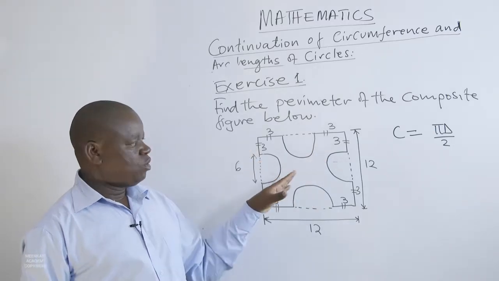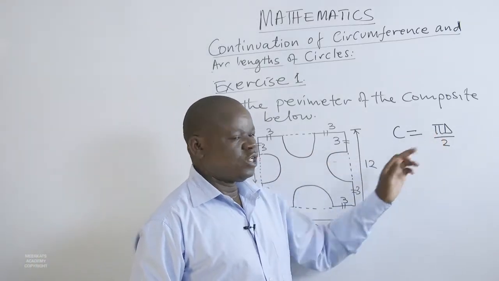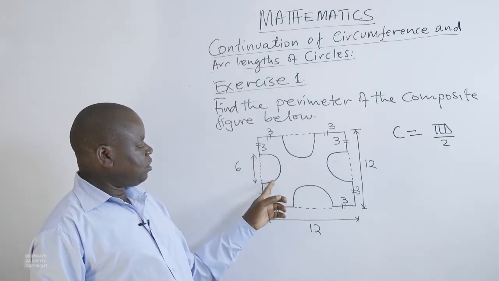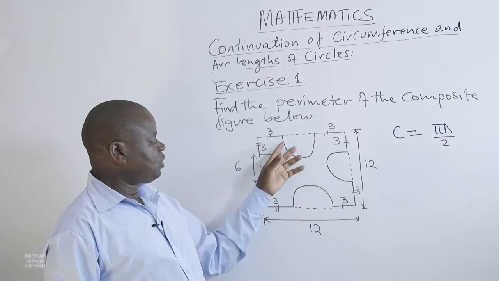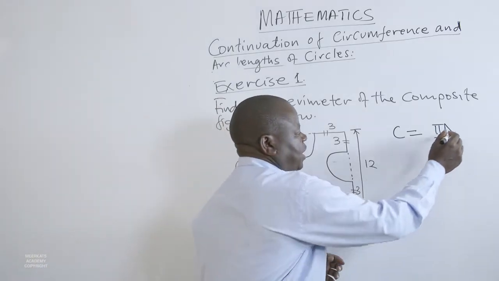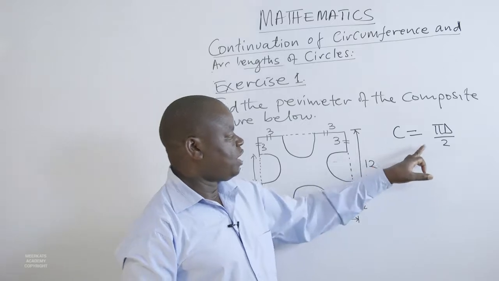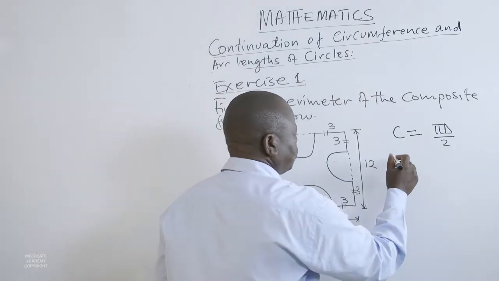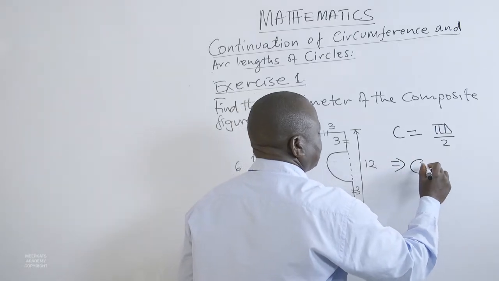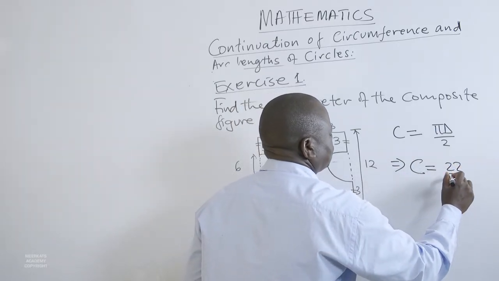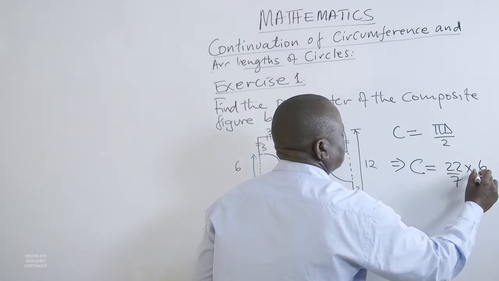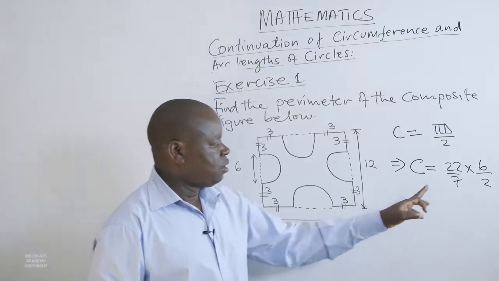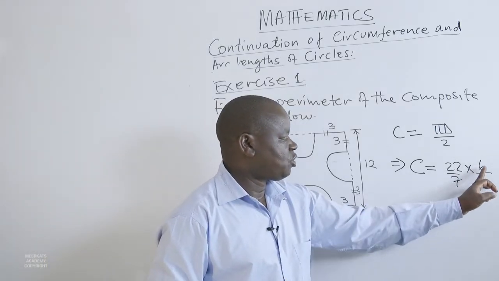So if there are 4 and one is pi d over 2, then to get the curved length of the 4 semicircles we will multiply by 4. But first of all, let's find the curved length of the first semicircle. So 22 over 7 times 6 over 2.